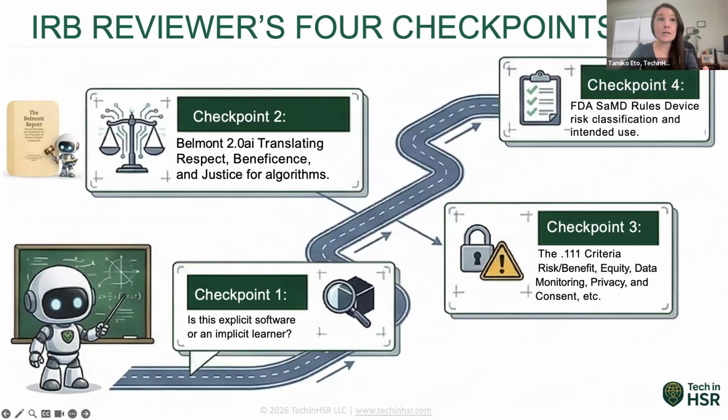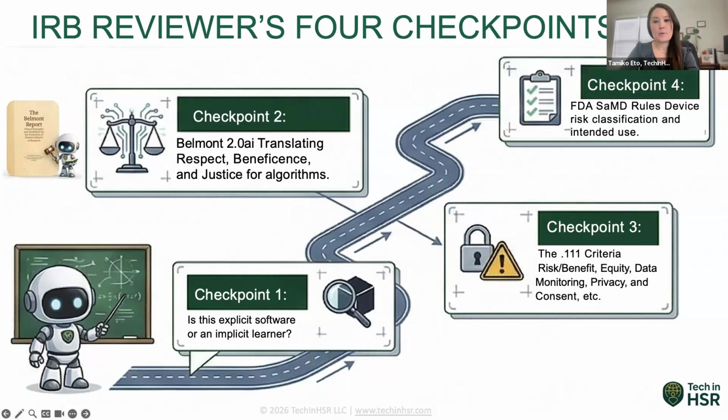And then checkpoint three, 45 CFR 46.111, which is IRB approval criteria. So think risk minimization, equitable selection, data safety monitoring, privacy, confidentiality, and consent. So all of these have AI specific dimensions that traditional reviewer checklists just don't capture.